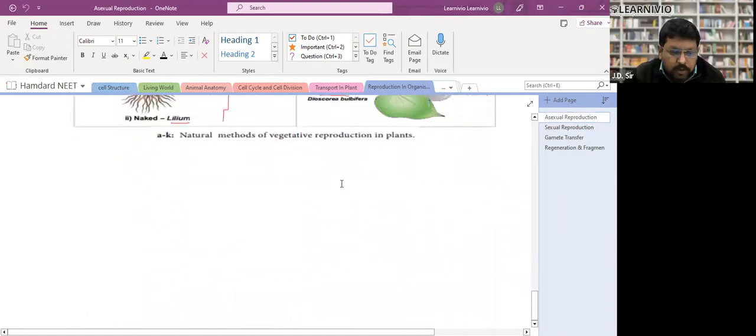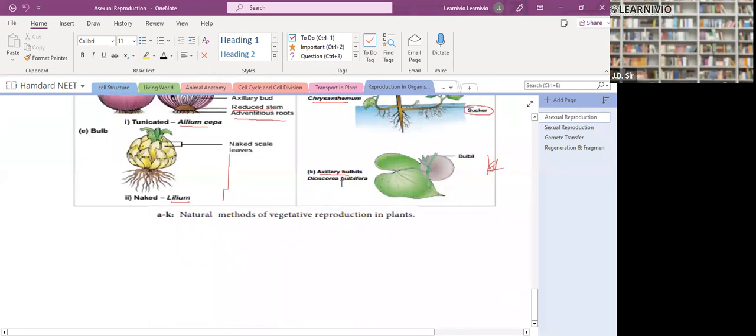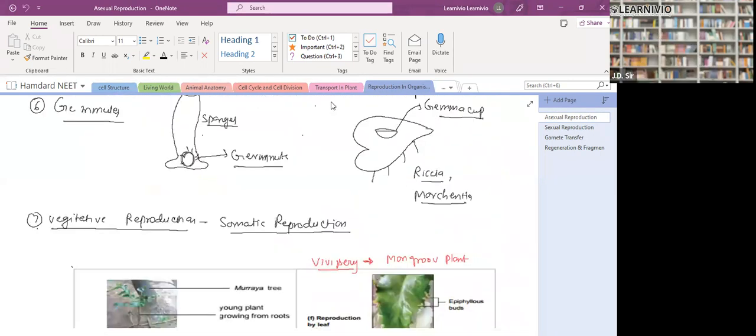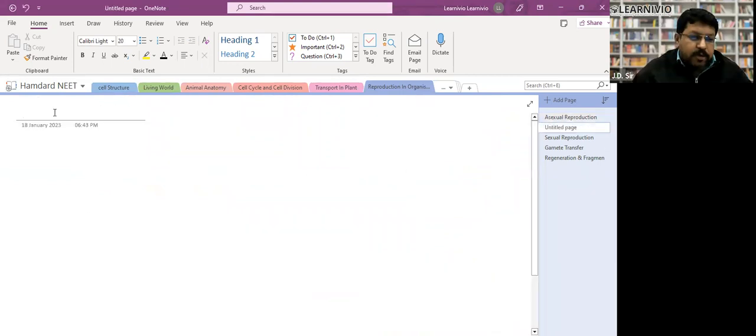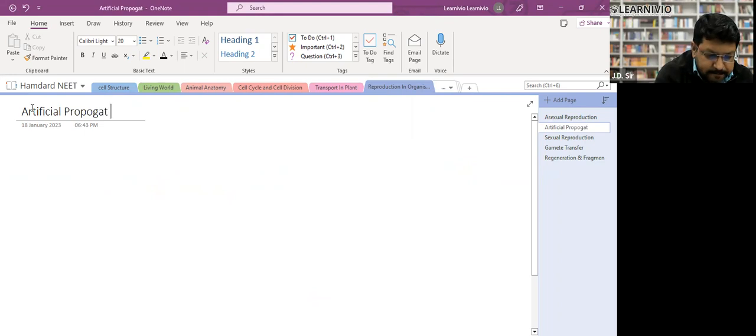There is one more thing which we need to add here. Put the heading artificial propagation, meaning artificial vegetative reproduction. You can put it down this way: artificial propagation of plants.